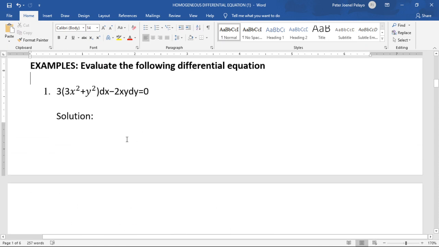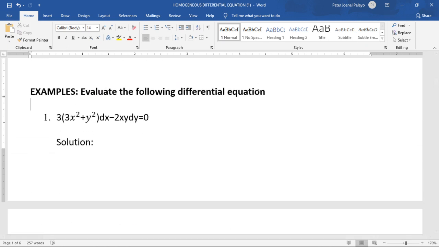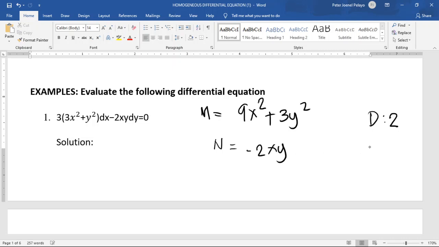Now, alam naman na natin na, so, remind ko lang, ng m is equal to 3x squared plus y squared with a degree of 2. Tama? And then, ang n natin is negative 2xy with a degree of 2.